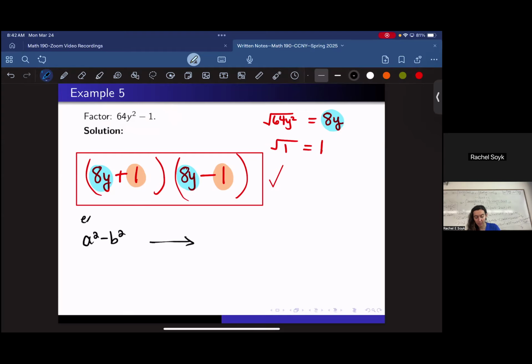This is in expanded form. And when we factor, it turns into a plus b, in parentheses, a minus b. And so again, this is our expanded form. And this is our factored form.